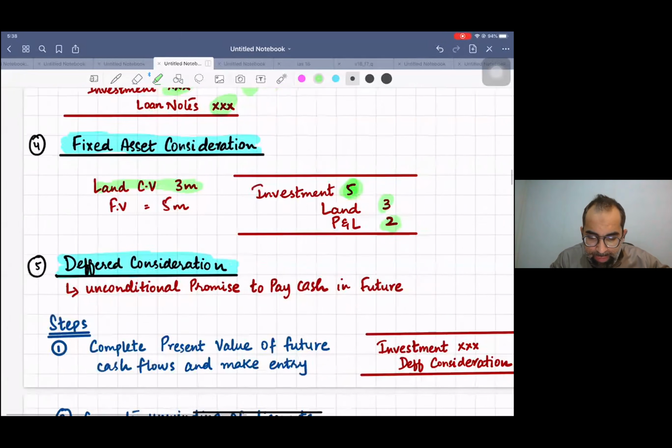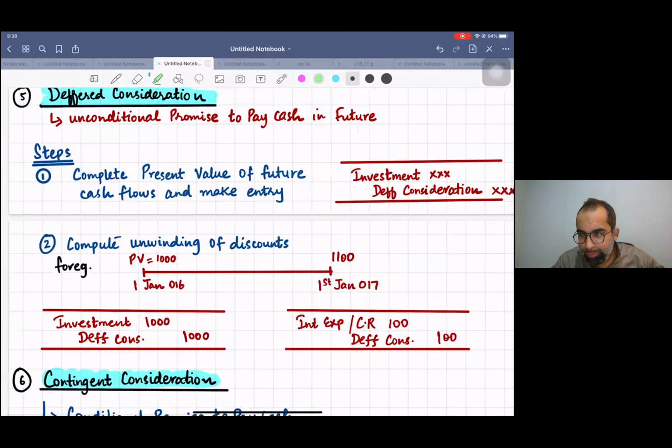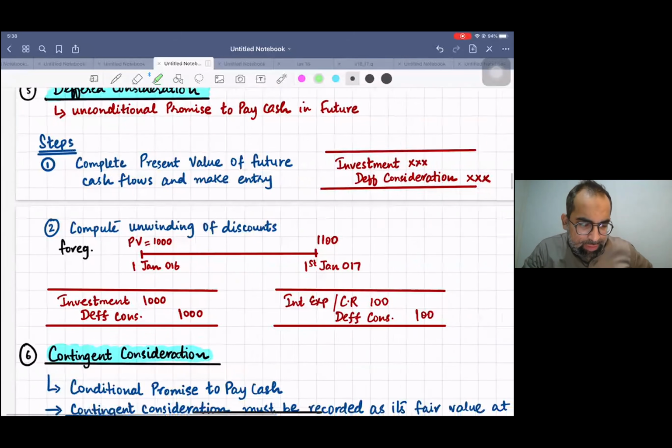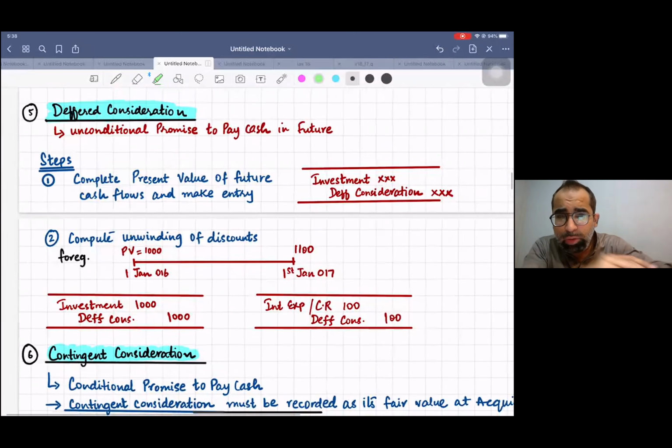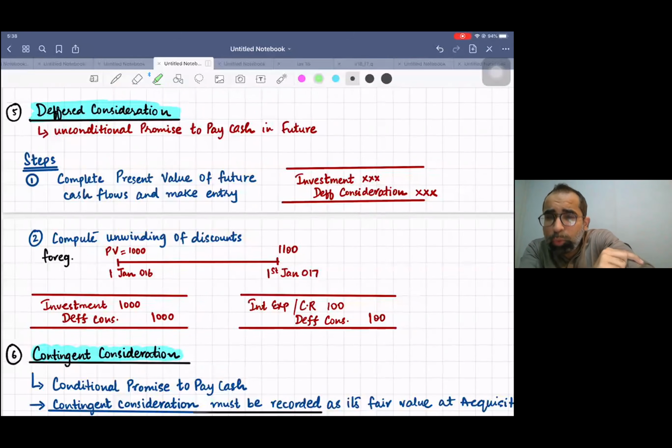Now, a very famous topic: deferred consideration. What does it mean? Very simple. You must have studied it by now if you are an F7 FR student. Deferred consideration means parent company has bought the shares of S company from the S company shareholders, and in return just gave the promise that we'll pay you next year, or we'll pay you after 2 years.